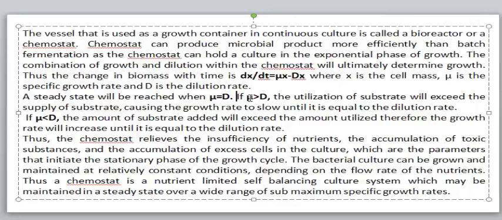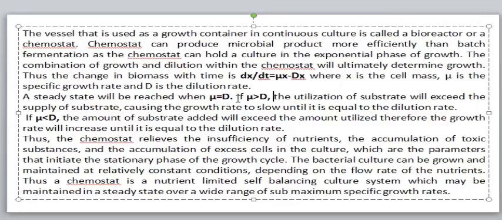दूसरा सेकंड कंडीशन इज दैट स्पेसिफिक ग्रोथ रेट इज हायर देन डाइल्यूशन रेट. देन व्हाट विल हैपन? Then since dilution is smaller, the specific growth rate is higher, means the microbe or the desired organism will consume a larger amount of substrate.